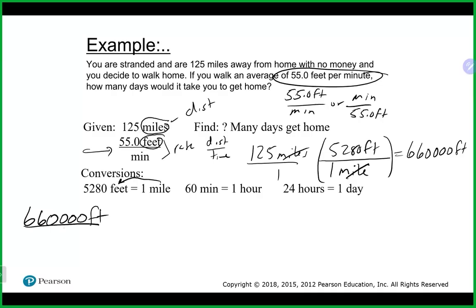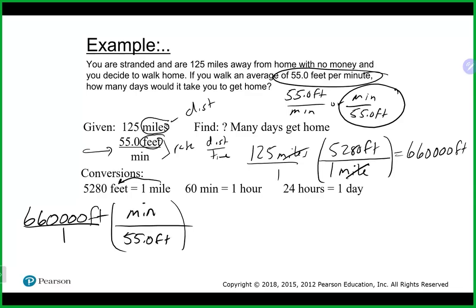Once again, not written as a fraction, but the feet are on top, which is really important because now it should make my decision pretty simple. I need the feet in the opposite location, which is on the bottom. That move right there is going to allow us to go from distance to time, basically here. That's going to give us 55 feet per minute. Feet on top and feet on the bottom will cancel.